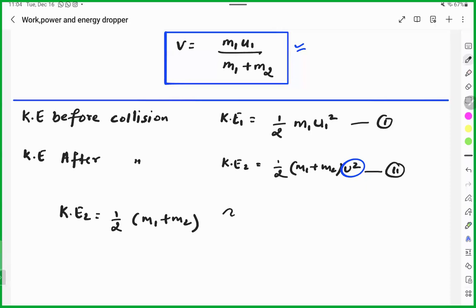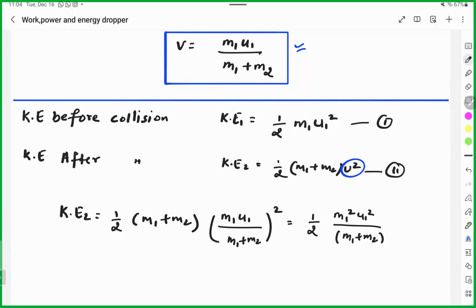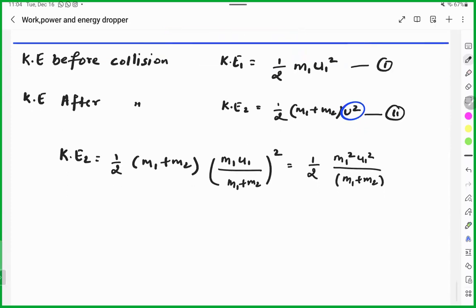So v square will be (m1 u1 divided by m1 plus m2) the whole square, correct? Can we also say the final kinetic energy will be equal to half m1 square u1 square divided by the total mass? Yes or no?